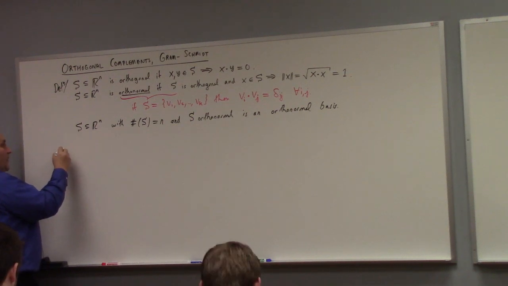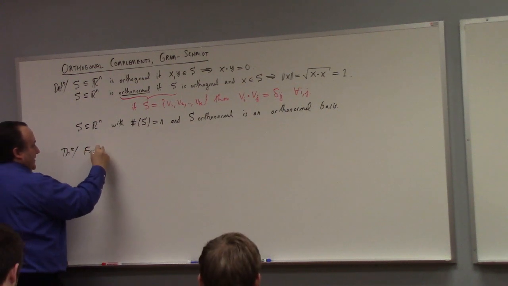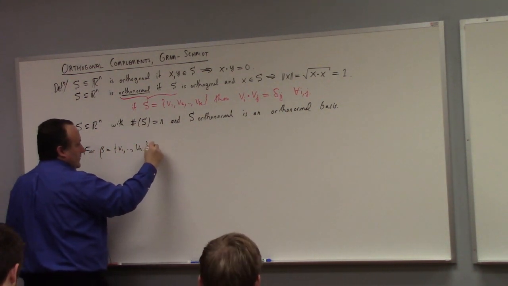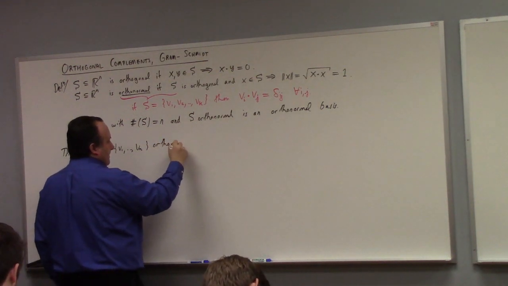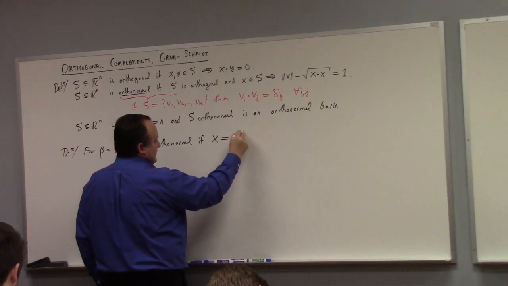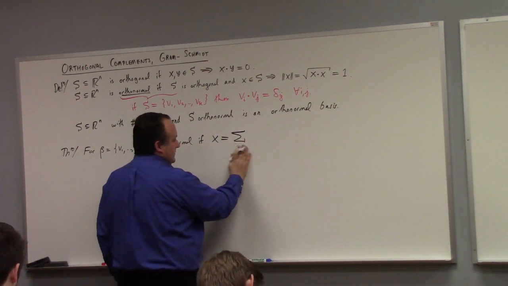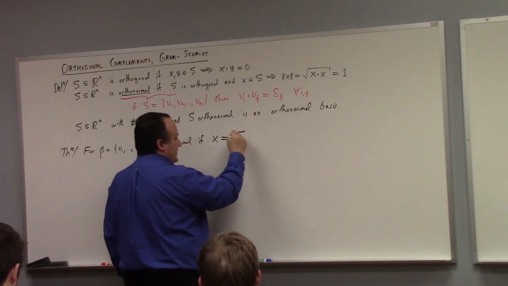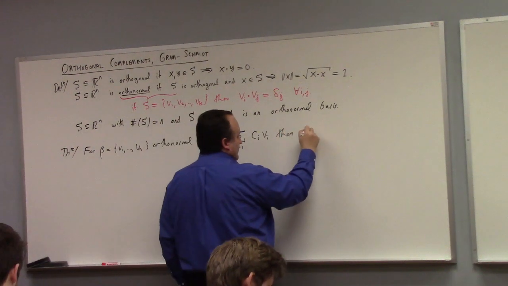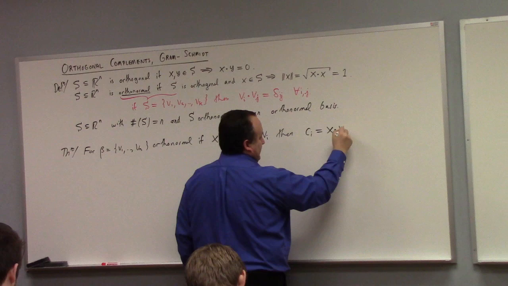Let's see here. So, theorem: for beta equals v1 through vn orthonormal, if x is equal to the sum i equals 1 to n of ci vi, then ci is equal to x dot vi.